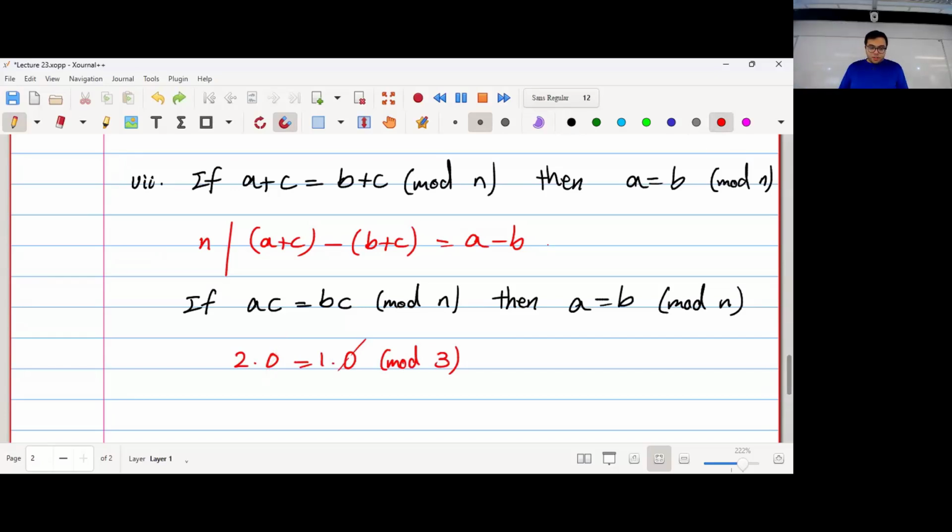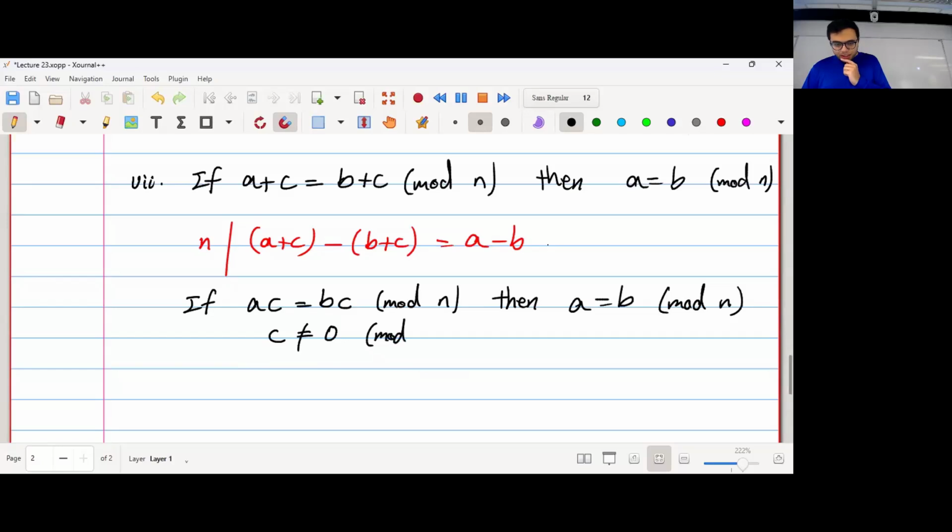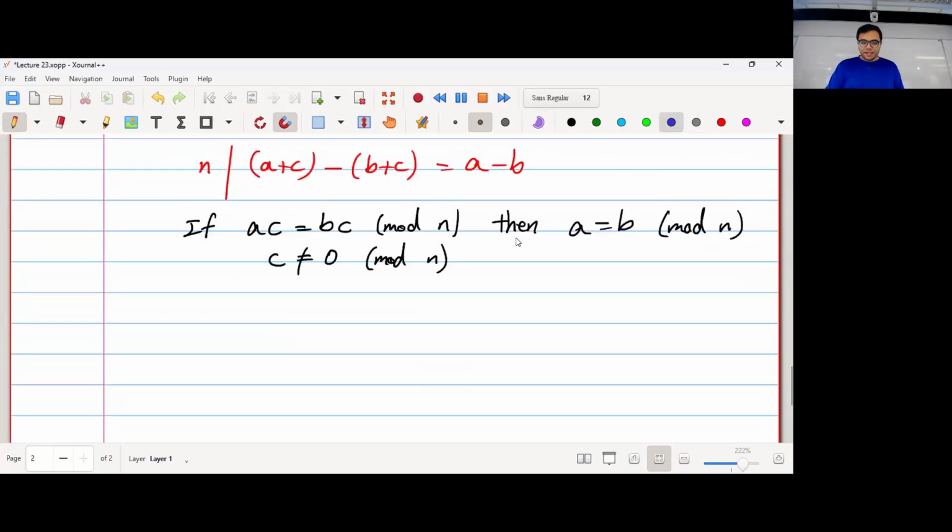Okay, so let me ask you something else. Let me ask you for the case where C is not 0. So imagine that AC is equal to BC modulo n, and C is not 0, also modulo n. Can I then cancel the C from both sides? No. No, still no. Why not? Let's try 2 times 4 and 2 times 1 modulo 6.